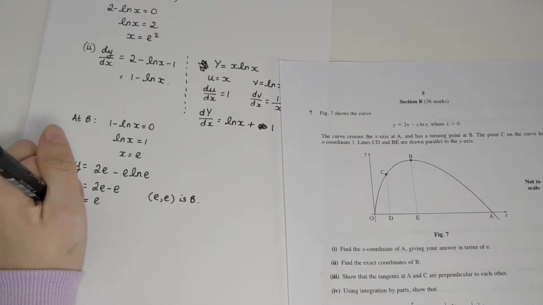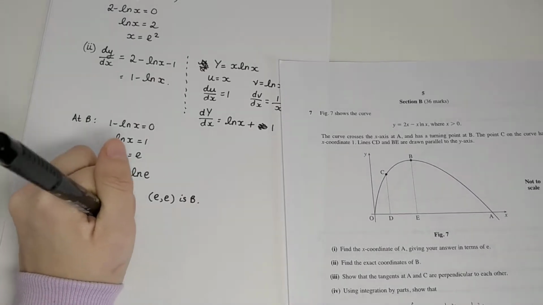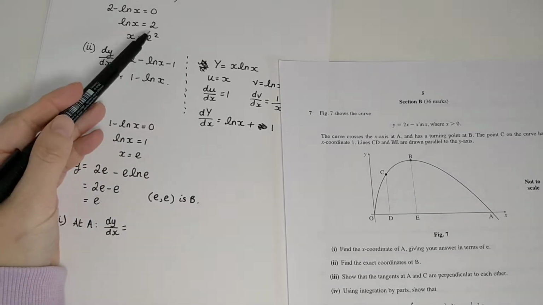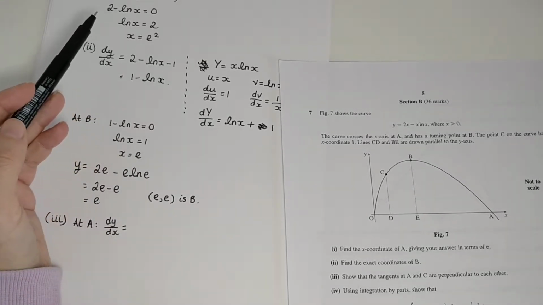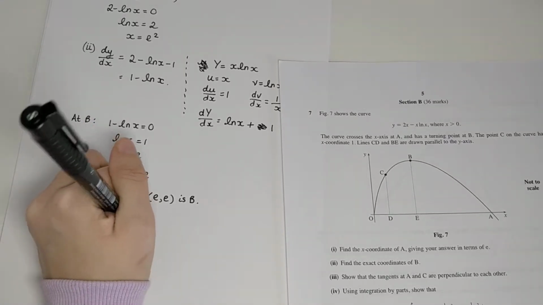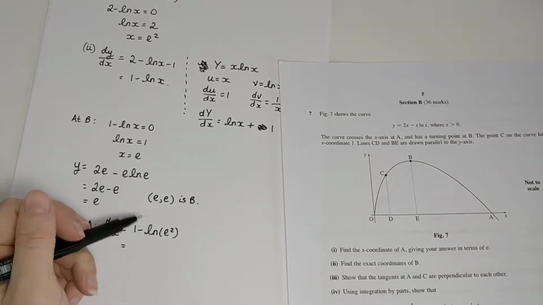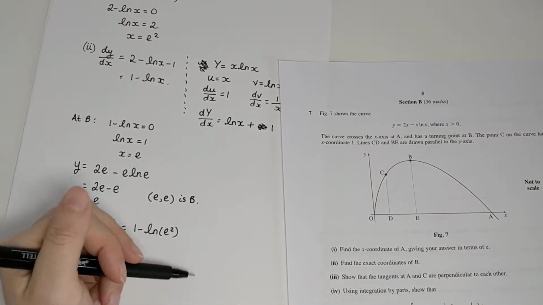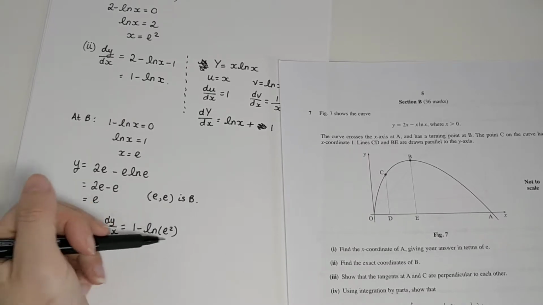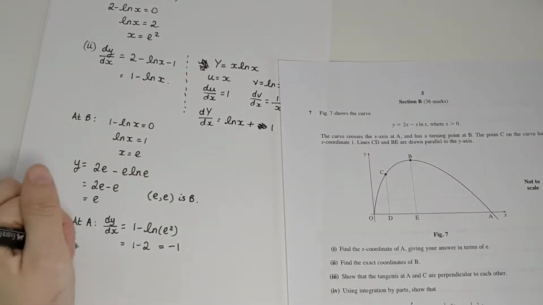So at A, dy by dx will equal, it was e squared, so that's 1 minus log of e squared. Log of e squared, e to the power of something equals e squared, the answer to that is 2. 1 minus 2, which is minus 1.